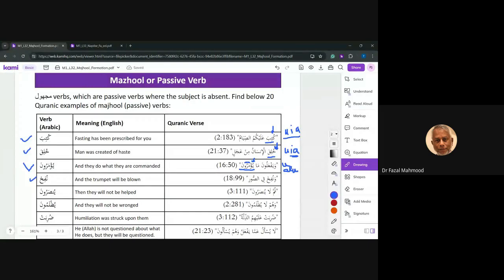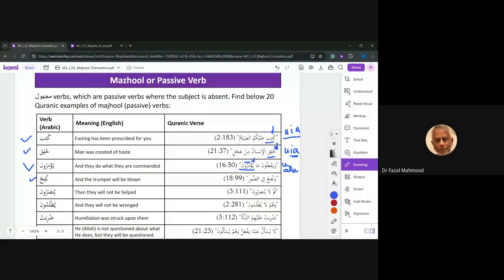And what is the sound in the Mudari Majhul? For example, Fa'ala, it will be Yuf'alu. Yuf'alu. Can you see yu'maru? Alu. You can see that.